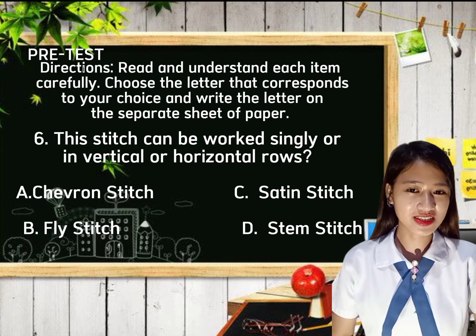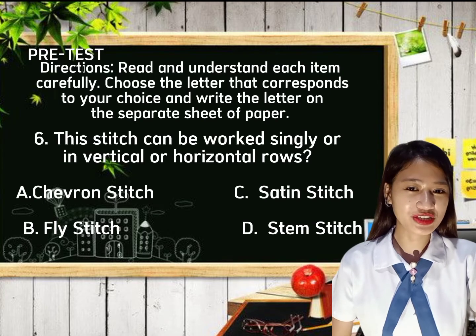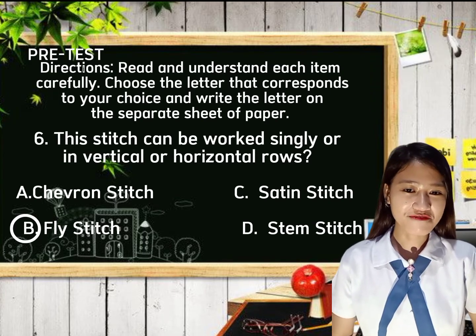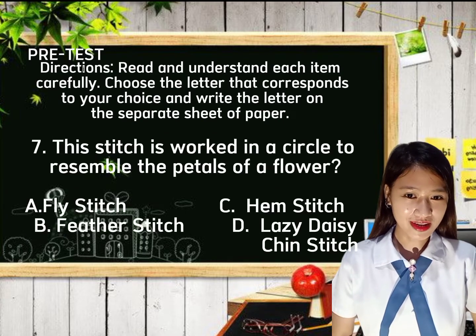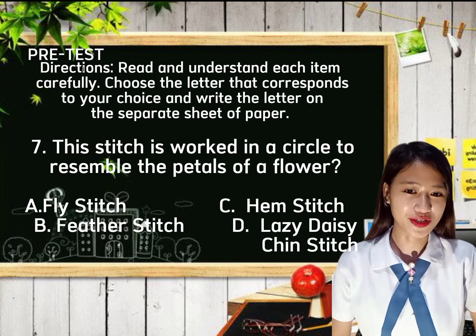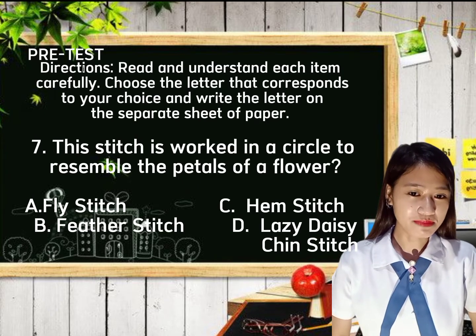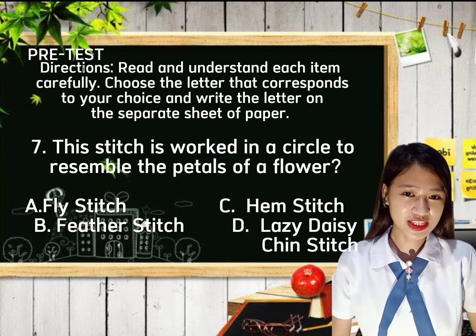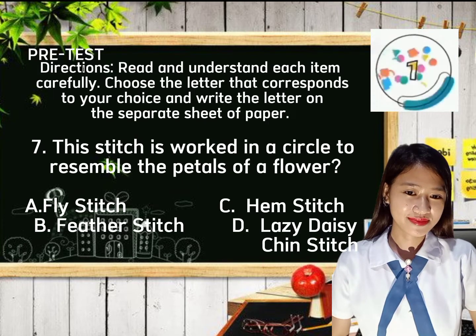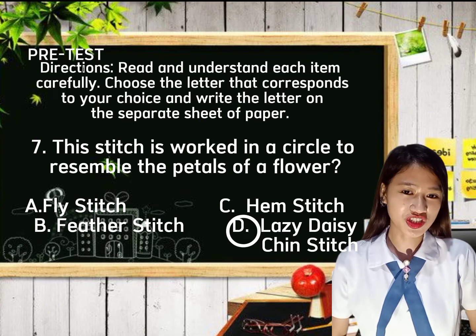B. Fly stitch. C. Satin stitch. Or D. Stem stitch. D. Fly stitch. Number 7. This stitch is worked in a circle to resemble the petals of a flower. A. Fly stitch. B. Feather stitch. C. Hem stitch. Or D. Lazy daisy chain stitch. Letter D. Lazy daisy chain stitch.